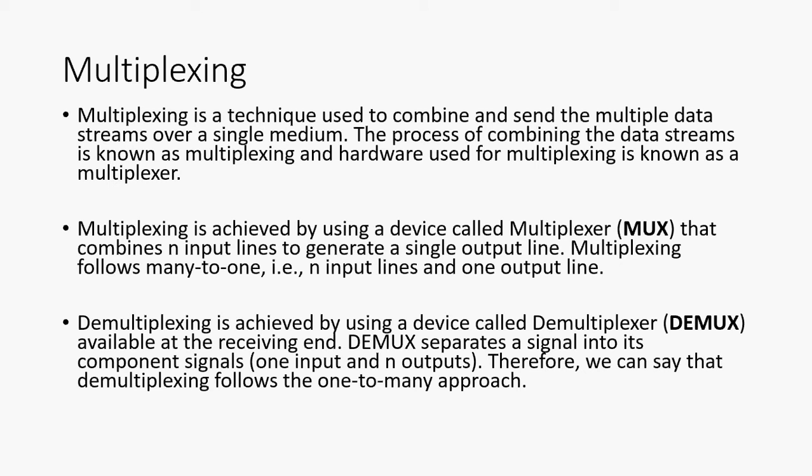Demultiplexing, which is the opposite process of multiplexing, is achieved by using a device called demultiplexer available at the receiving end. The main task of demultiplexer is to separate a signal into its component signals, which is coming from multiplexer. Therefore, we can say that demultiplexing follows one to many approach.